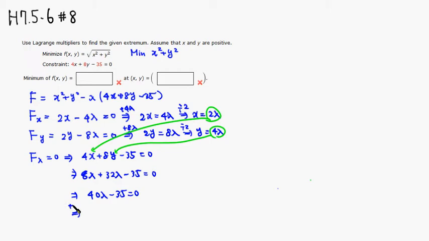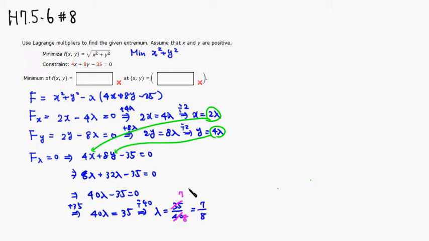So add 35, so 40 lambda is equal to 35. Then we can just divide through by 40. So lambda is equal to 35 over 40, and that can be simplified by dividing by 5: 7 over 8.